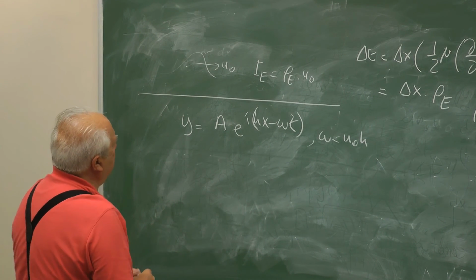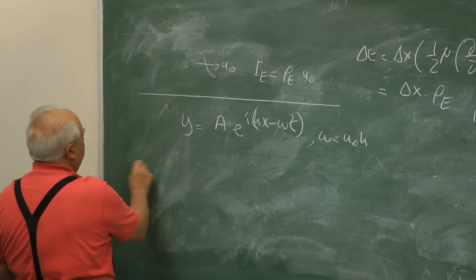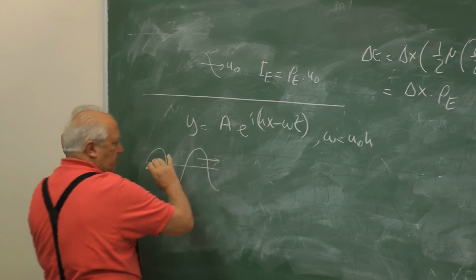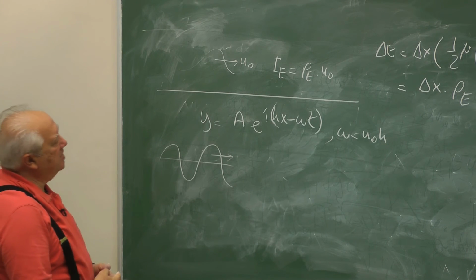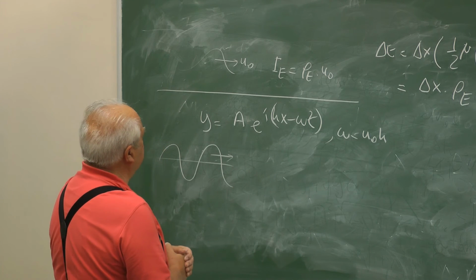So suppose we have such a harmonic wave, an infinite wave moving like this. What is the energy density and what is the current of energy for this harmonic wave?